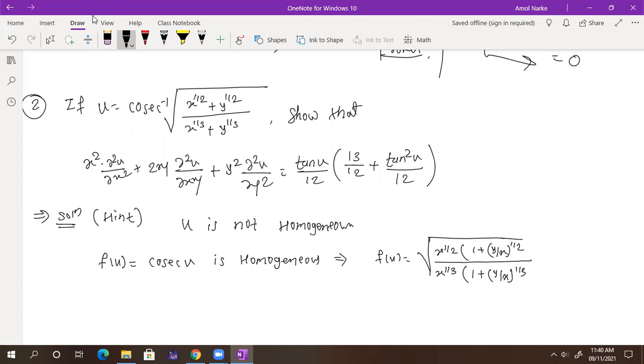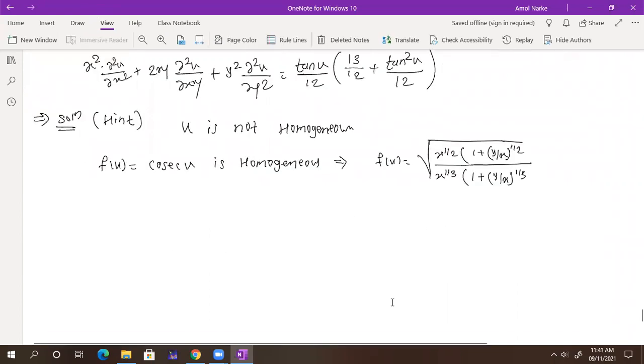Okay. Now we can take. Now what happens? So f of u you can write down. F of u is nothing but square root of x raised to 1 by 6 into that function of y divided by x raised to 1 by 2 and divide by 1 by 3. Yes or no?